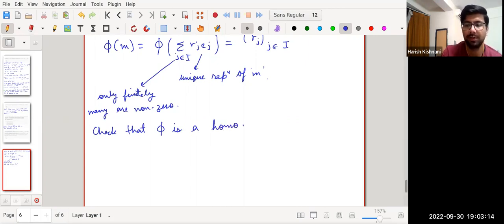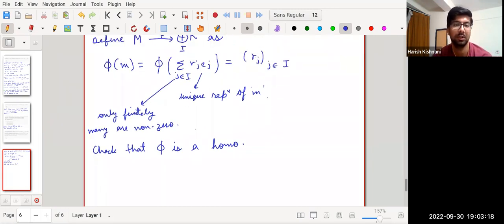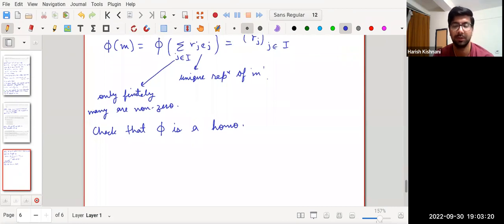Now we need to see whether the map is an isomorphism. So for that, first claim is whether the defined map is one-one or not.